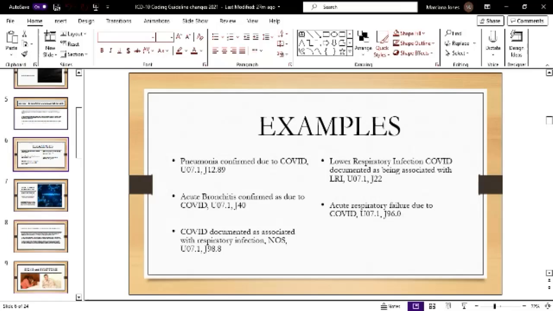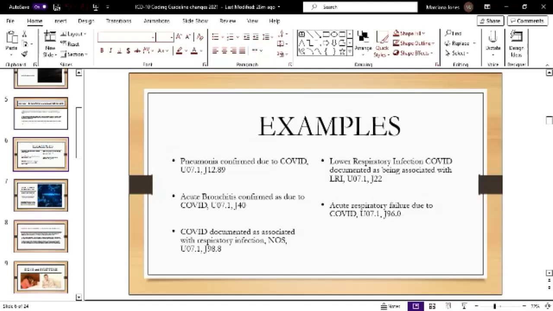COVID documented as associated with respiratory infection, none other specified. You're going to use the COVID code first, and then you're going to use J98.8. If the individual has a lower respiratory infection, COVID documented as being associated with the lower respiratory infection, you're going to code the COVID-19 code first, and then you're going to code J22.